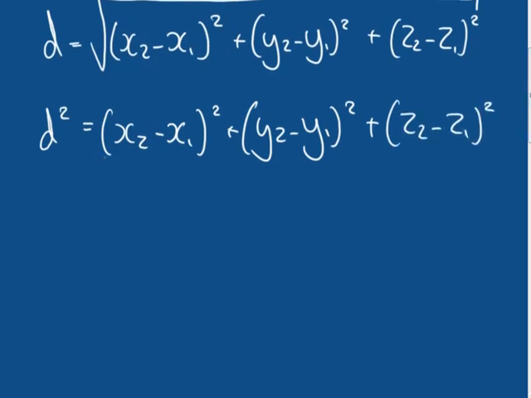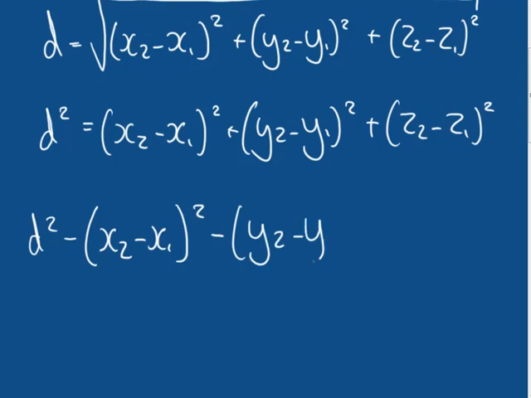I can then subtract both (x2 minus x1) squared and (y2 minus y1) squared from both sides, leaving just (z2 minus z1) squared on the right. So d squared minus (x2 minus x1) squared minus (y2 minus y1) squared is equal to (z2 minus z1) squared.